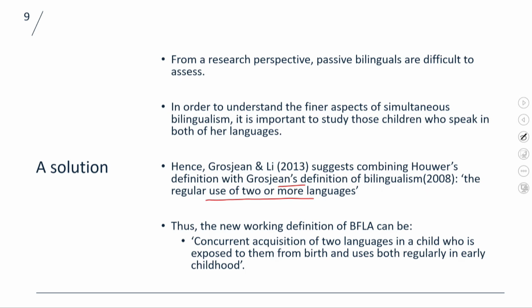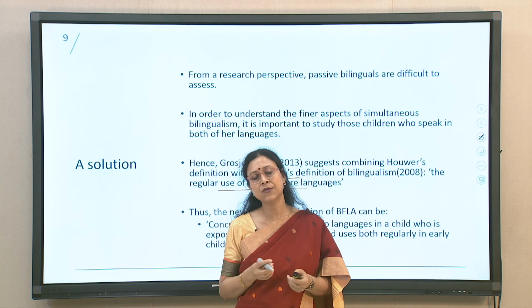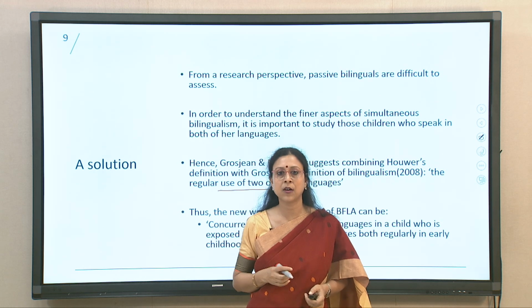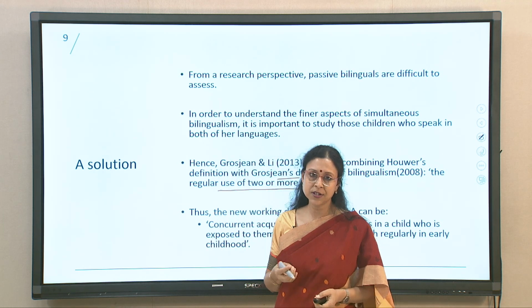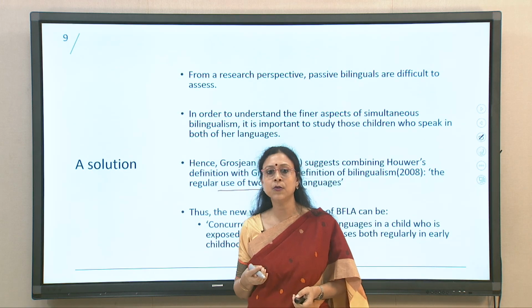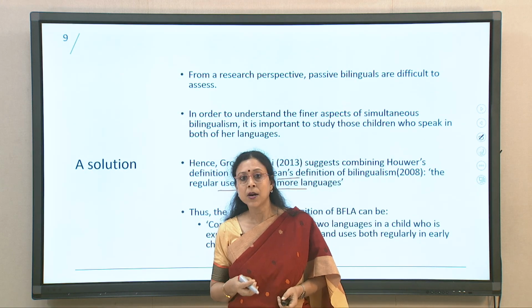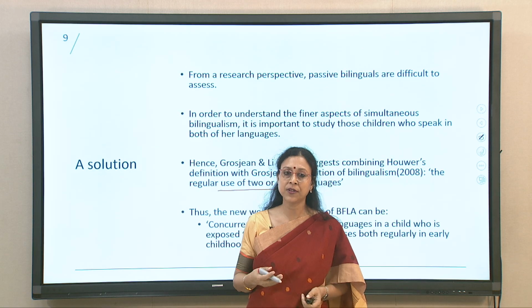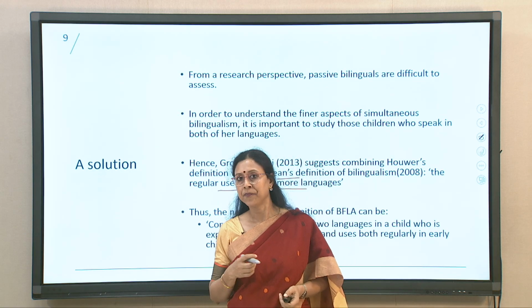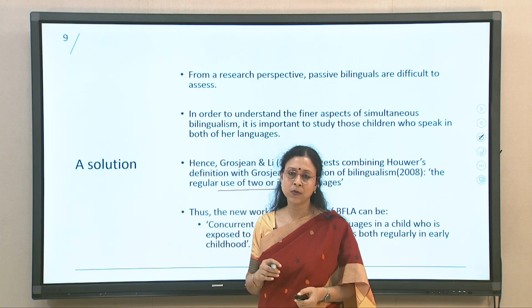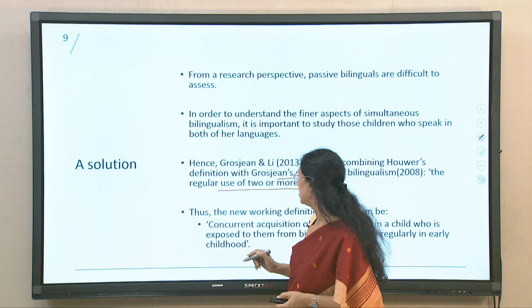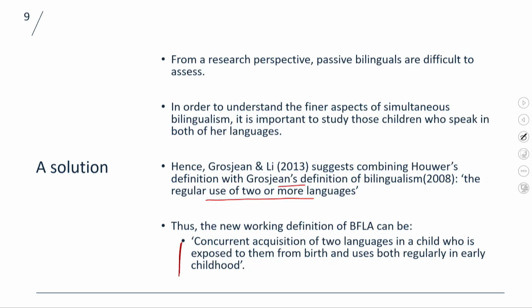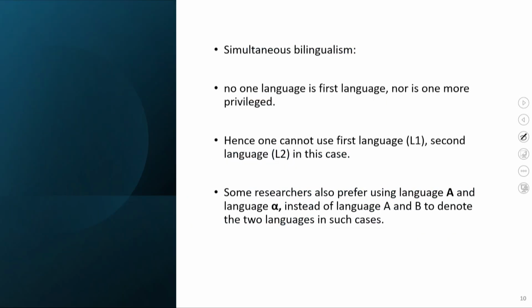So, they suggested that we put these two definitions together, and that gave us the concurrent acquisition of two languages in a child who is exposed to them from birth and uses both regularly in early childhood. That is the working definition we will go by when we talk about simultaneous bilingualism. So, this is our updated definition of BFLA.